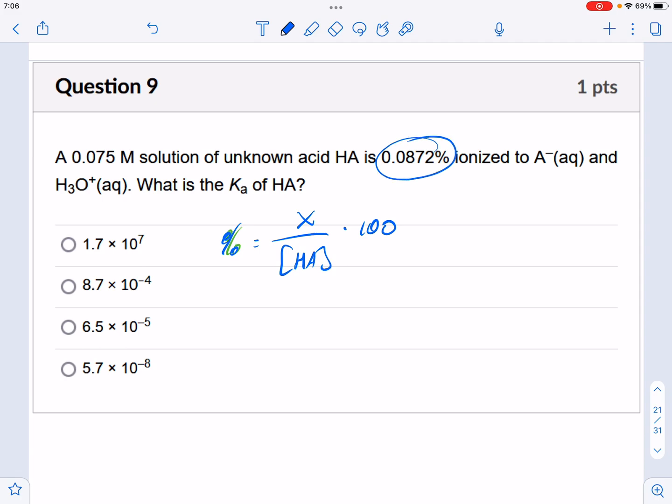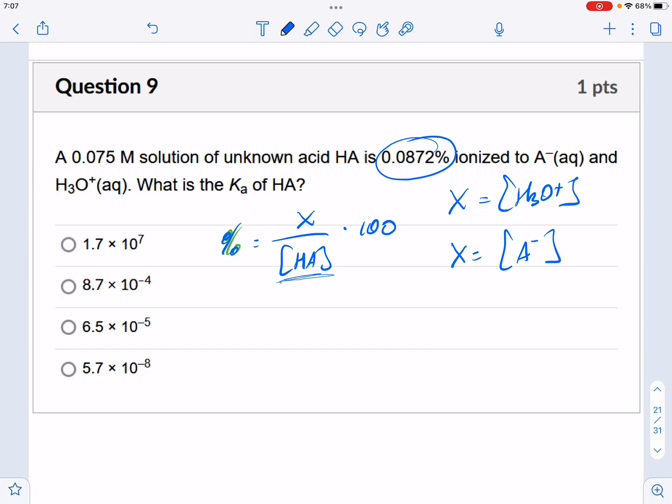Okay, and this is 0.0872. And what does X represent here? X is the concentration of H3O plus. Since you started with only acid from the beginning, then X is also A minus.